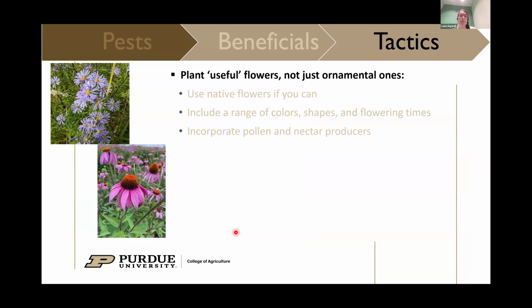But when we say this, plant flowers, it's important that you plant useful flowers. So native flowers, if you can. Perennial, obviously, has less work once you get them established. A range of colors, shapes, and flowering times is the most important because the idea is that you want to be able to sustain both natural enemy populations and pollinator populations beyond the crucial flowering period of your cash crop or the crucial time of when pests are present on the landscape.